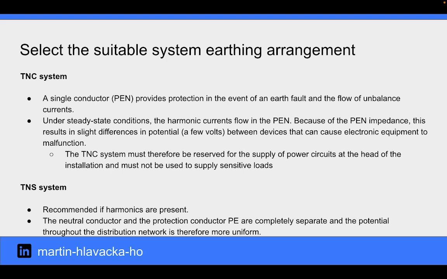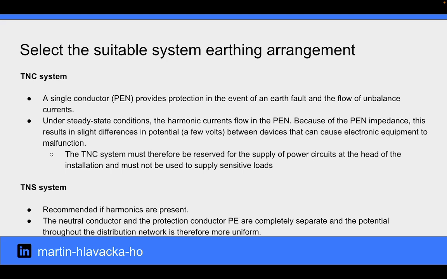Due to the impedance of the PEN, this results in slight potential differences between devices that can cause electronic equipment to malfunction. Therefore, the TNC system should be reserved for supplying power circuits at the head of the installation and should not be used to supply sensitive loads.